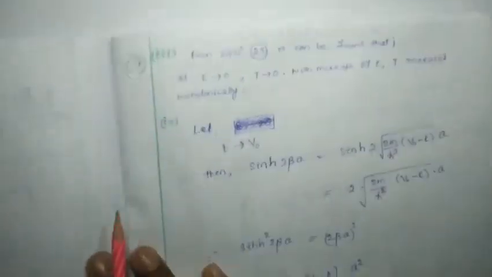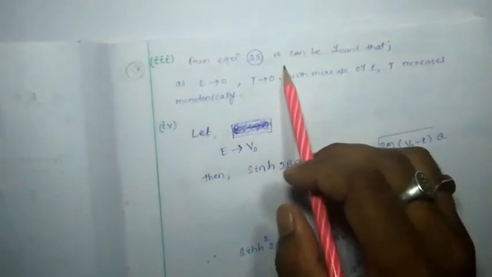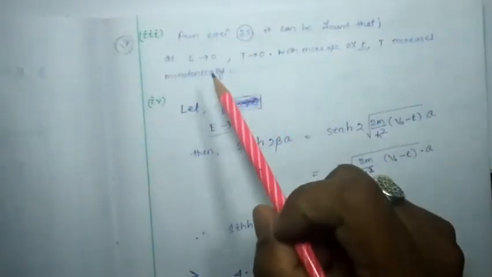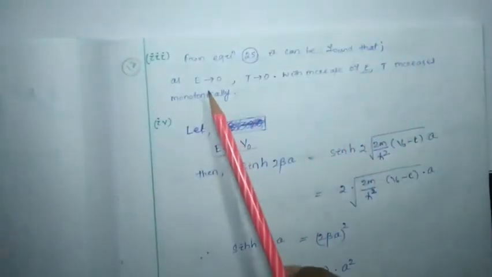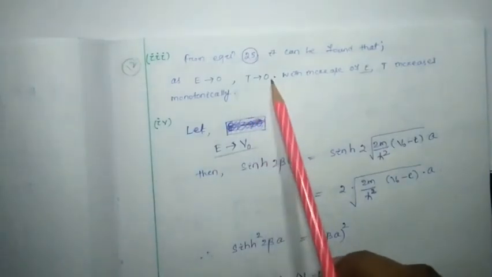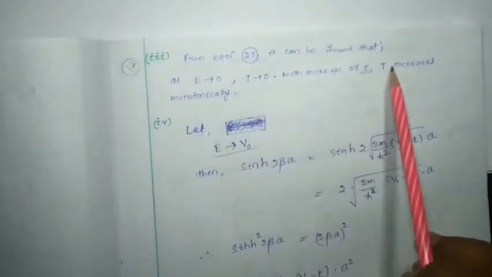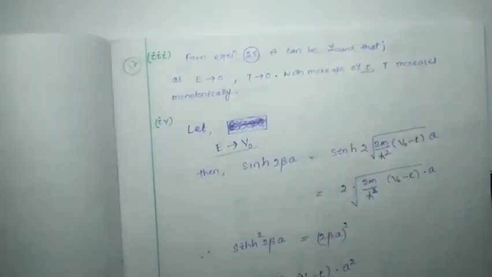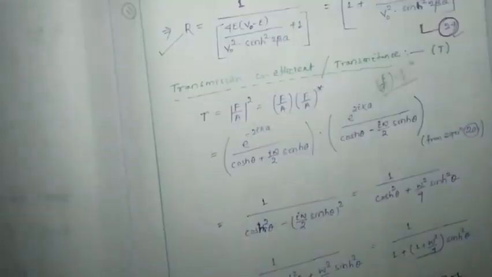And next, third, from equation number 25 it can be found from this third bit what we can find. The third bit is telling that if E tends to 0, T tends to 0. If E increases, T also increases. Now we have to check equation number 25.